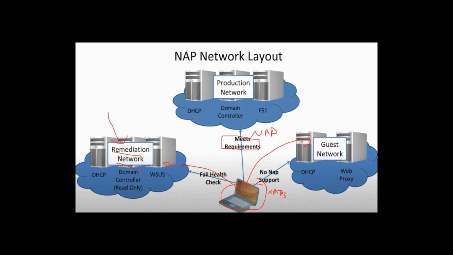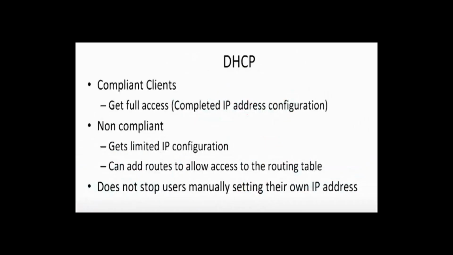So here we have the third option, where the NAP client meets the requirements of the NAP server, and then all of these clients can use the real network inside my institution, or the production network, which means they have full access to all my network, right?